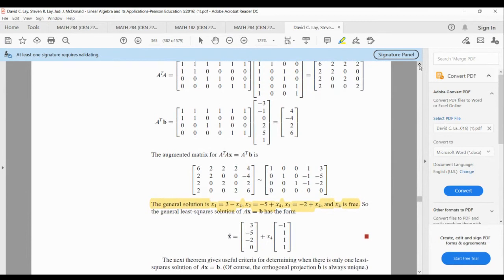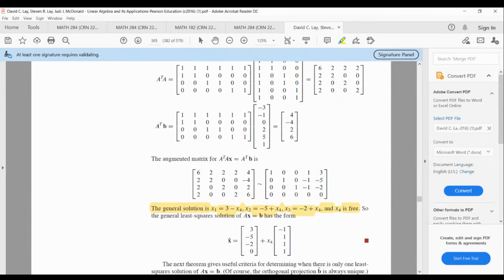So that's what happens. You do not get a unique least squares solution when the column vectors of the matrix A are linearly dependent. And you can geometrically think about that, why that is. Are there any questions on that?